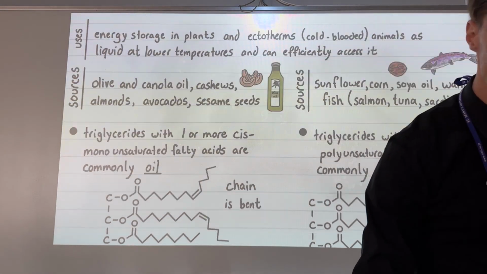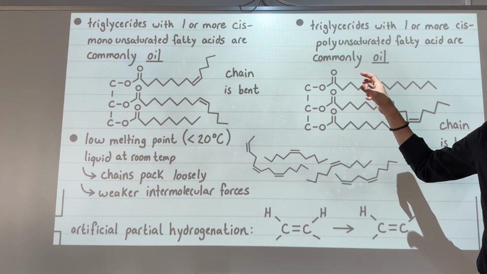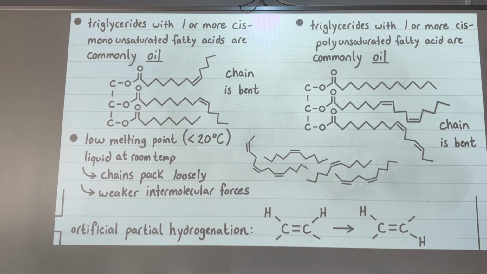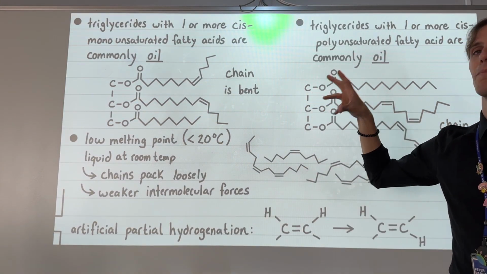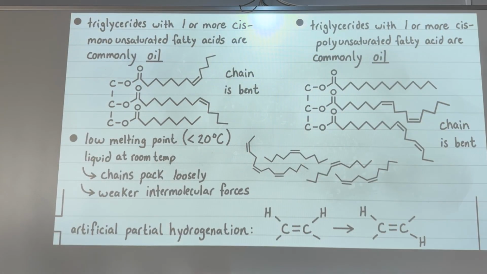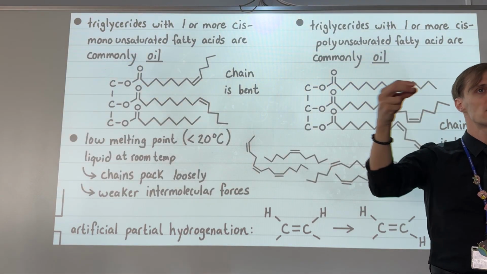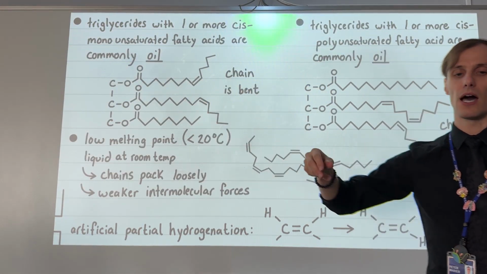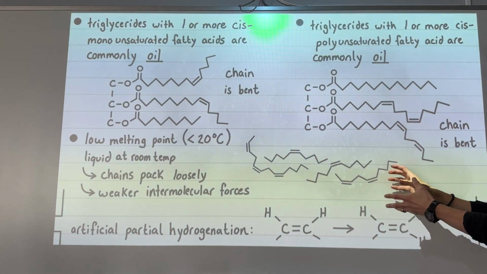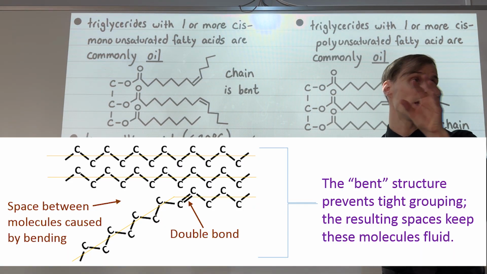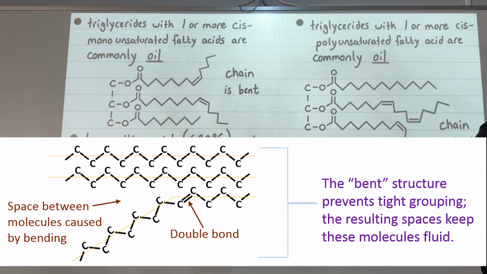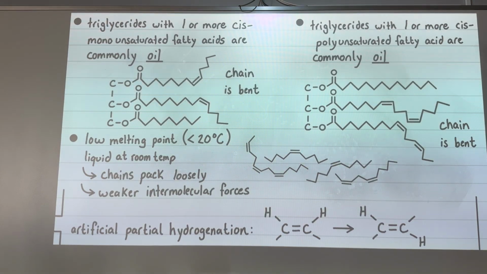Now, as you can imagine, if these are built within a triglyceride, there's going to be a lot more bending. Why is that relevant? Well, that's going to directly impact its melting point. Because now these chains are packed a lot more loosely, it means that less energy is needed to melt it.